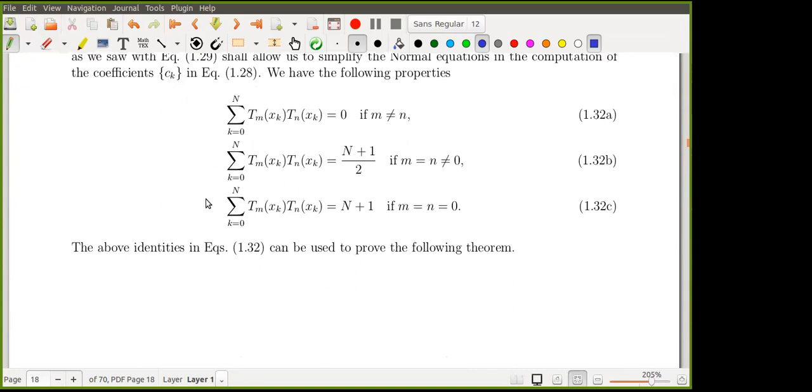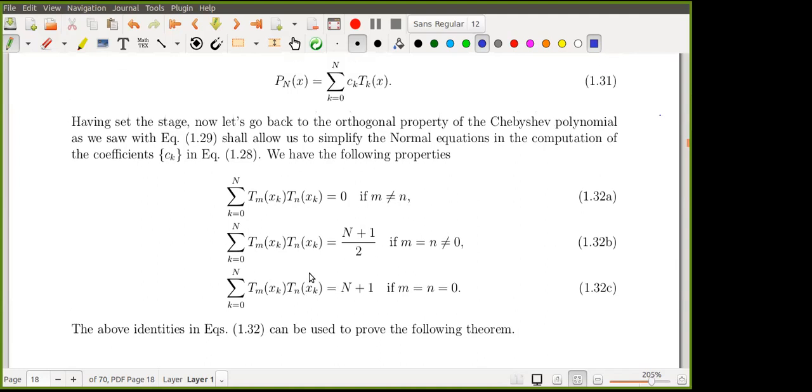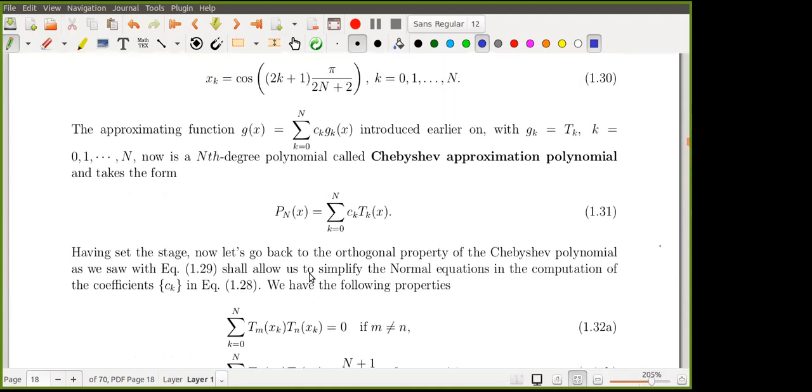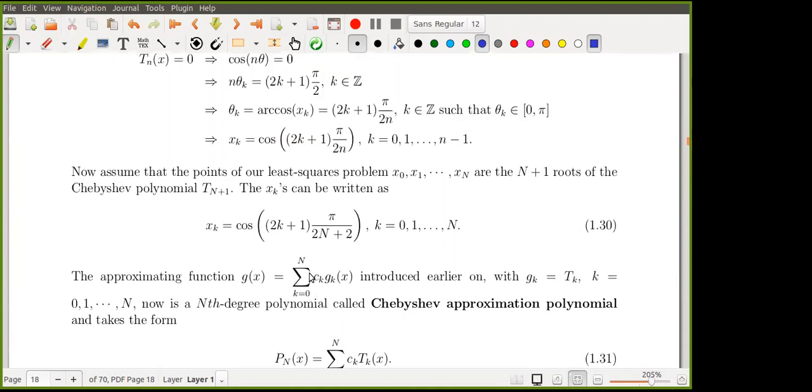Okay, so this is the case of the discrete points. So the xk are discrete points on the interval negative 1, 1. We saw that these are roots. For this we take our xk to be the roots. I think it has been mentioned here.